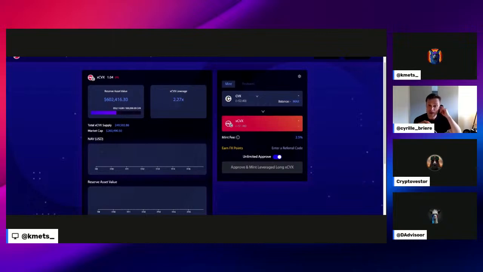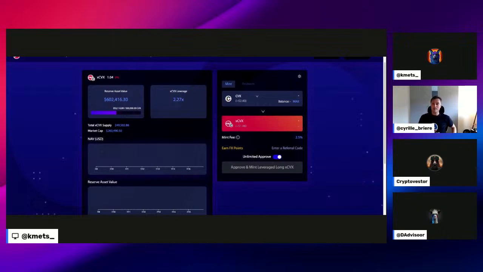So users may want to create a referral code and share it to onboard other users and earn from the other users' TVL, but they may also want to add a ref code to their own account. So by simply holding xCVX, not only will they get leverage exposure to CVX price action without facing liquidations, but they will also earn FX points, which are actually yields.